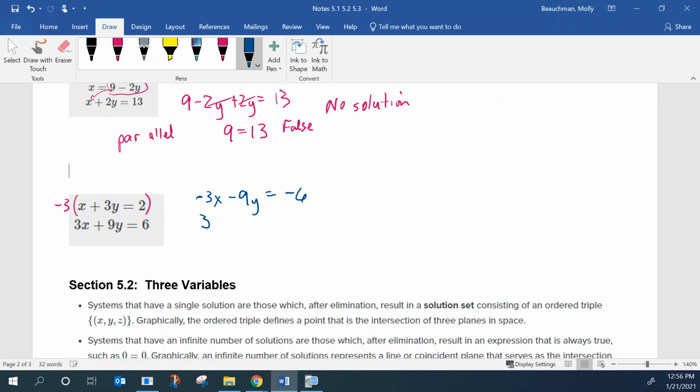The second equation is 3x plus 9y is equal to 6. When we add these together, notice that everything cancels. I'm left with 0 is equal to 0. That's a true statement. Your variables canceled, but you were left with a true statement. That means the two lines are the same line, so there is an infinite number of solutions.